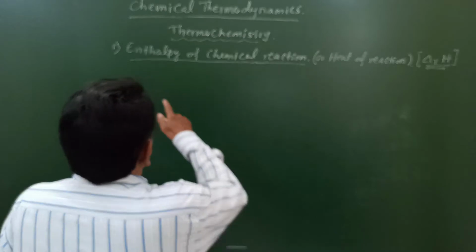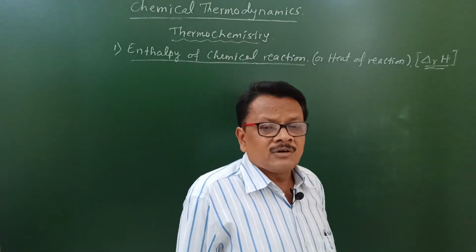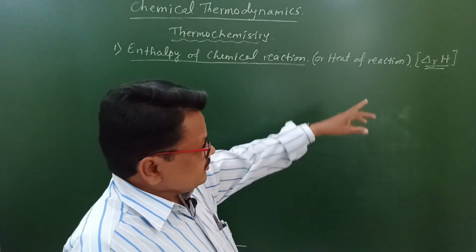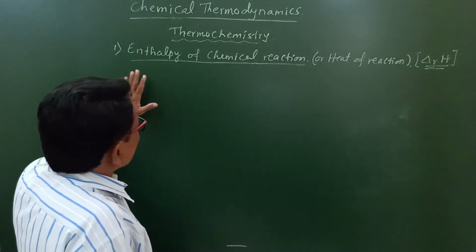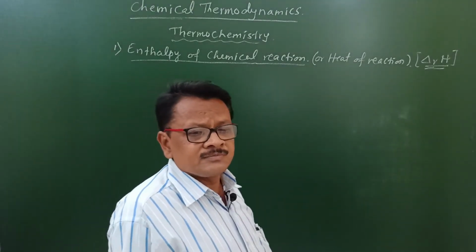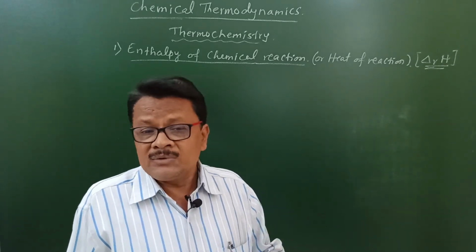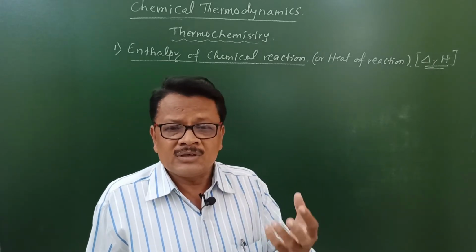Now we have to see enthalpy of chemical reaction, also known as heat of reaction, and its notation is delta HR. How can we define enthalpy of chemical reaction? It is the enthalpy change taking place during a chemical reaction.